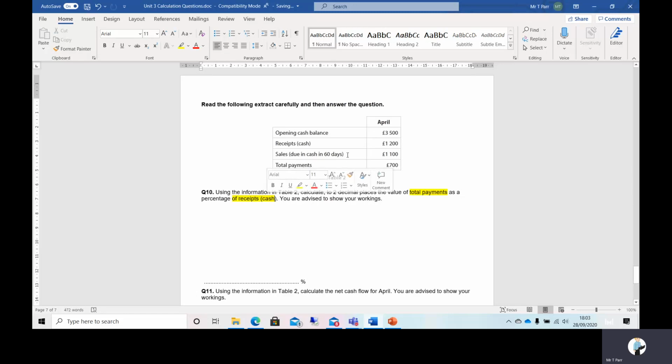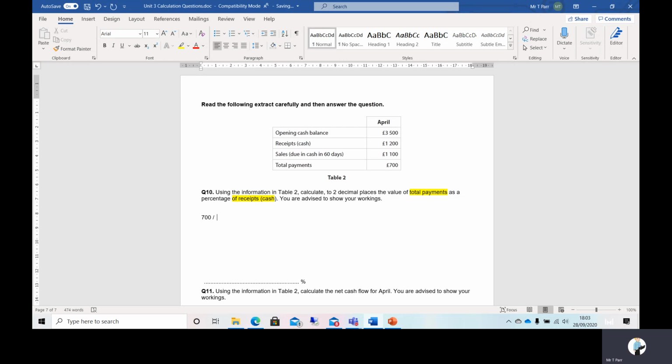Now look here, there's 2 different bits of cash there. So let's try and figure out how to do this. Total payments is £700, nice and easy. So it's going to be 700 divided by receipts in cash.